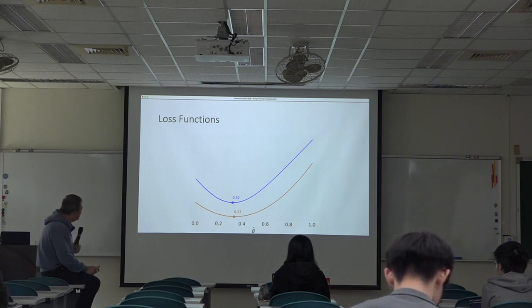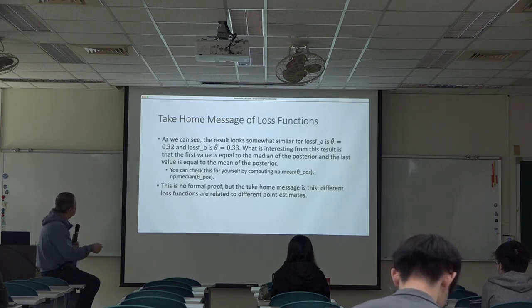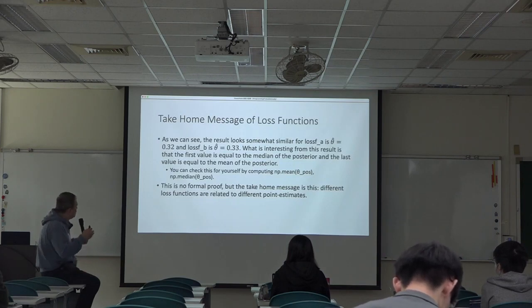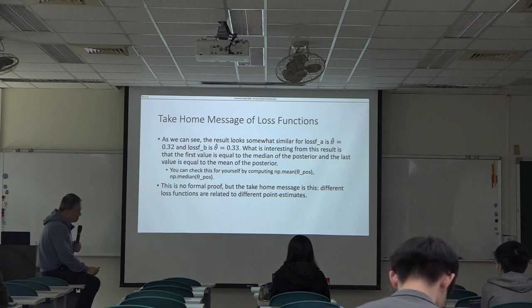Obviously for loss A, the absolute loss function, the theta hat that minimizes it is at 0.32, and the theta hat that minimizes the quadratic loss function is at 0.33. So they are slightly different.